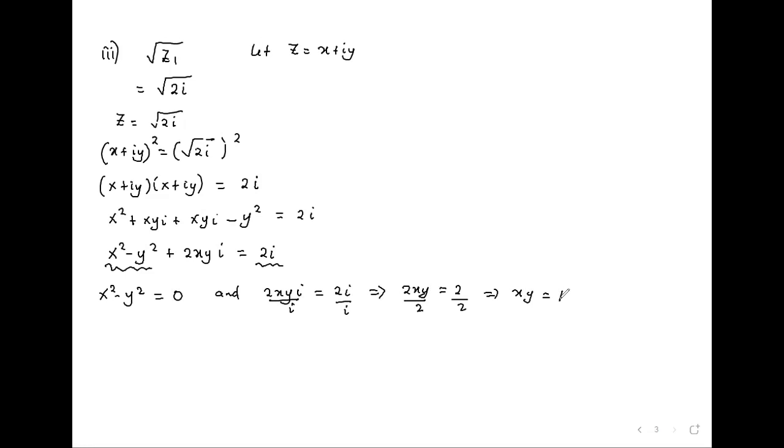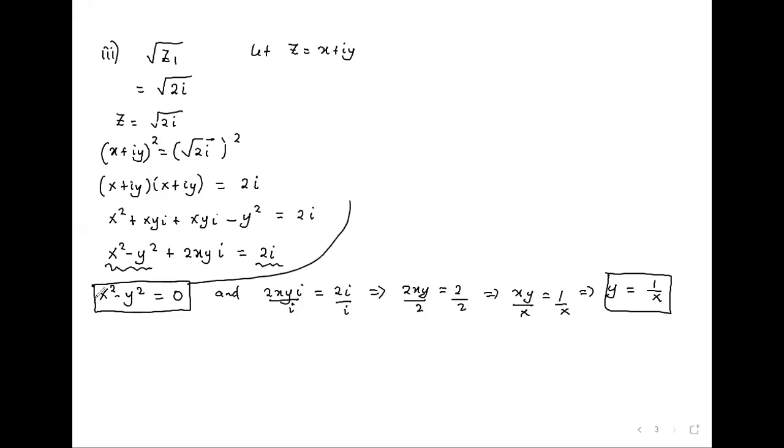Meaning that we'll have, if we divide by x, we'll get y is equal to 1 over x. This equation, we take it in this one. So we'll do it in this space. So now we are saying x squared minus what is y? y is 1 over x.